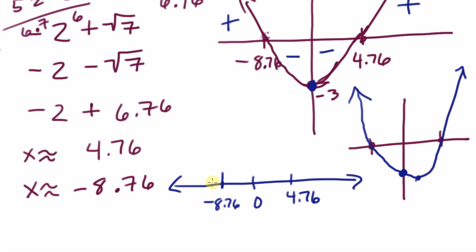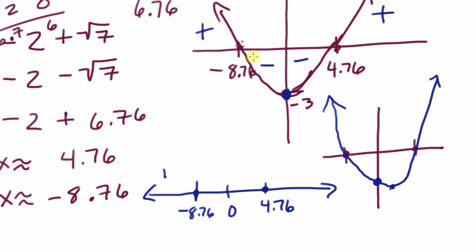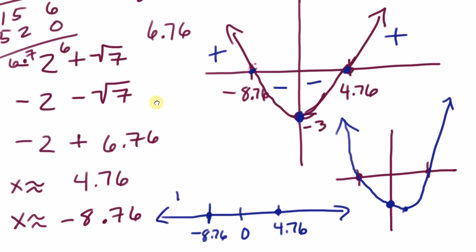And now we can look at our graph. And we can say, okay, these are positive, right? Or I'm sorry, we're graphing the solution. Okay, so from this 0 to this 0, that is when it is.